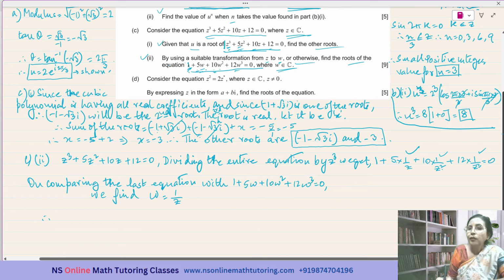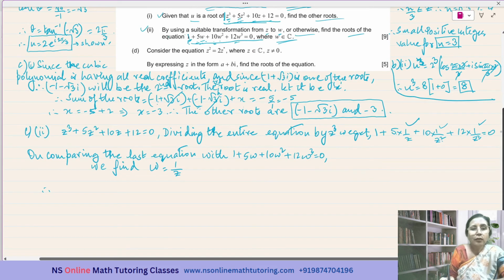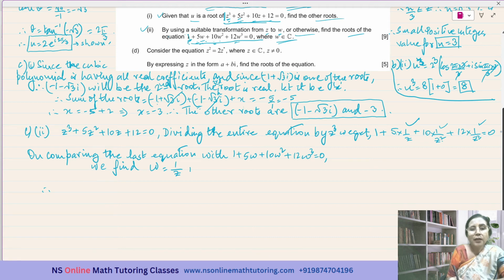Therefore, w equal to 1 over z. Therefore, I can write the roots will be, what are the roots of z?